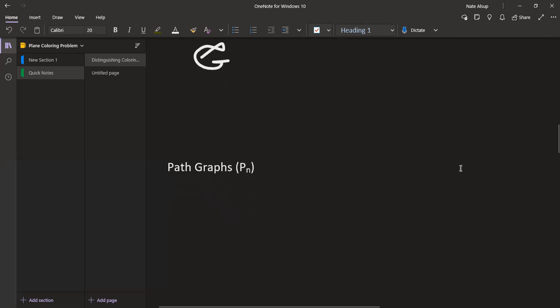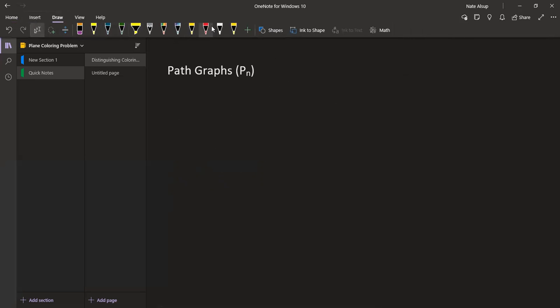All right, moving down to path graphs. So let me just draw a path graph. I put down 5 in my example, so let's do that.